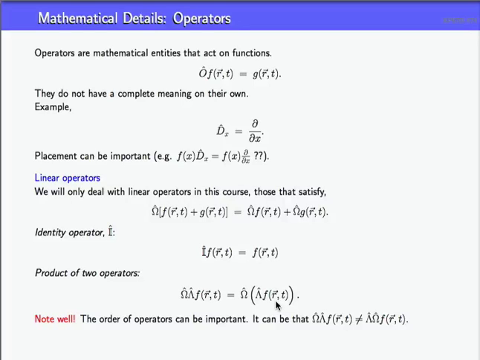So it operates from inside out in that way. Now, the critical thing here is that the order of operators is important. This is a deep, significant property of quantum mechanics. It could be that lambda operating on f, then omega, is not the same as omega operating on f, then lambda. We'll look into an explicit example in a moment.